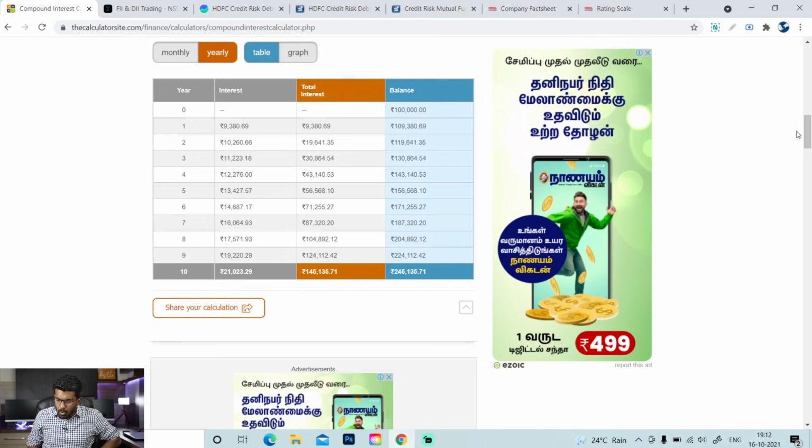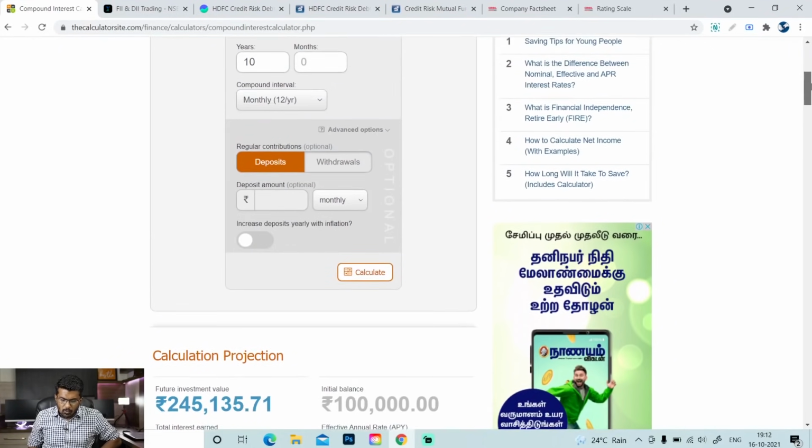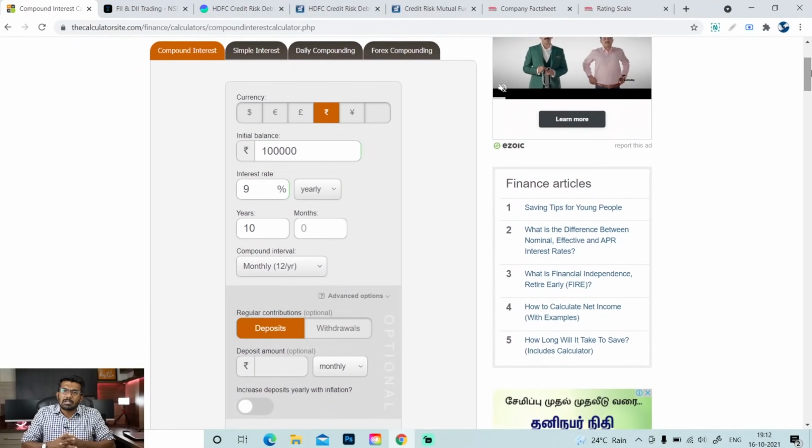Now you have to do some research or take some risk to gain a higher interest rate. For that, you have to go for other instruments or other asset classes which give you a high interest rate. For example, your bank is giving 4.5% or 5% return.